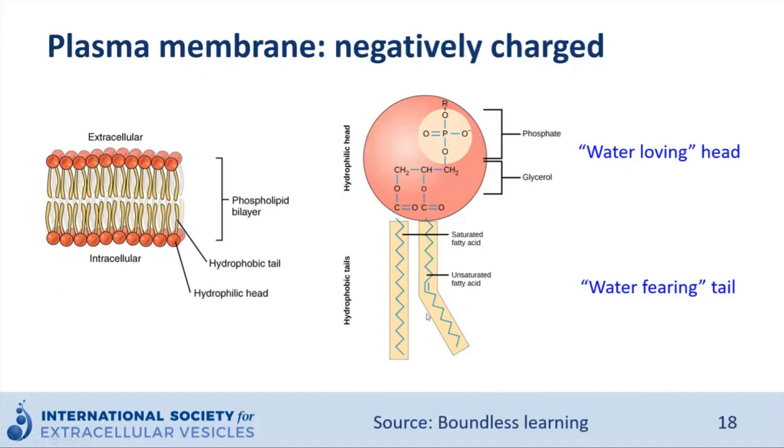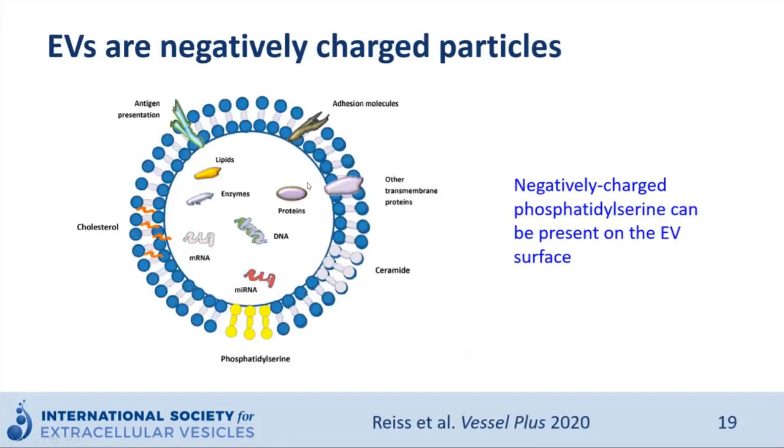And the two fatty acid tails are very nonpolar, which is hydrophobic or water-fearing. So the inside and outside of the membrane are all negatively charged. In addition, there is abundant phosphatidylserine, PS, on most of the EV membrane. So we know that PS is also negatively charged.